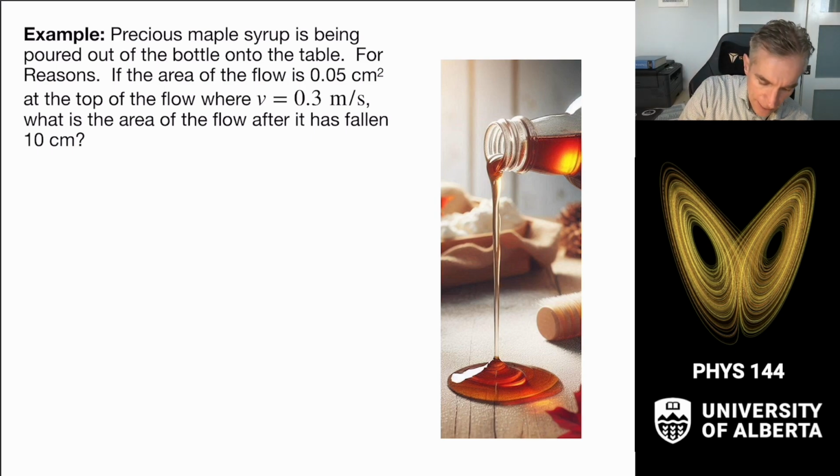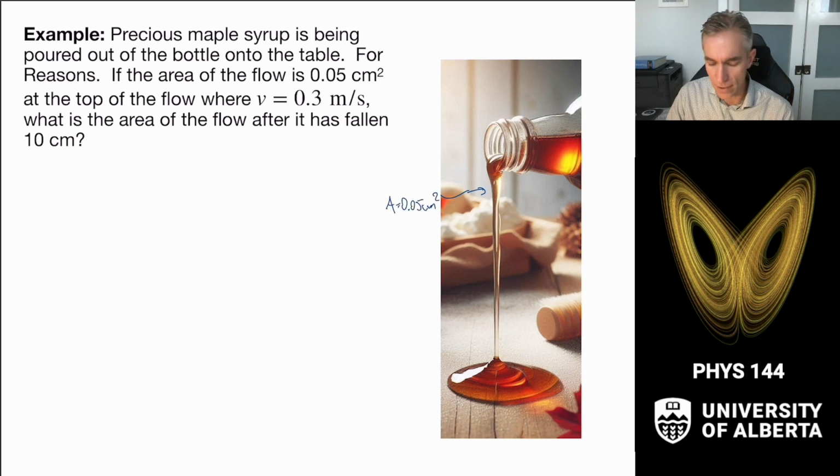If we have at the top, we are going to say that up here we have a cross-sectional area of 0.05 centimeters squared of area through the flow tube at a point where its speed is 0.3 meters per second, then we want to know how thick is the flow tube at the bottom after it has fallen 10 centimeters here.